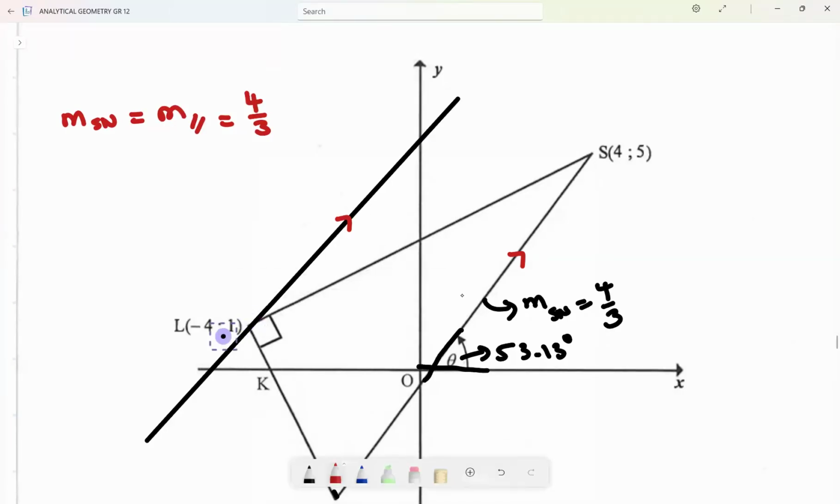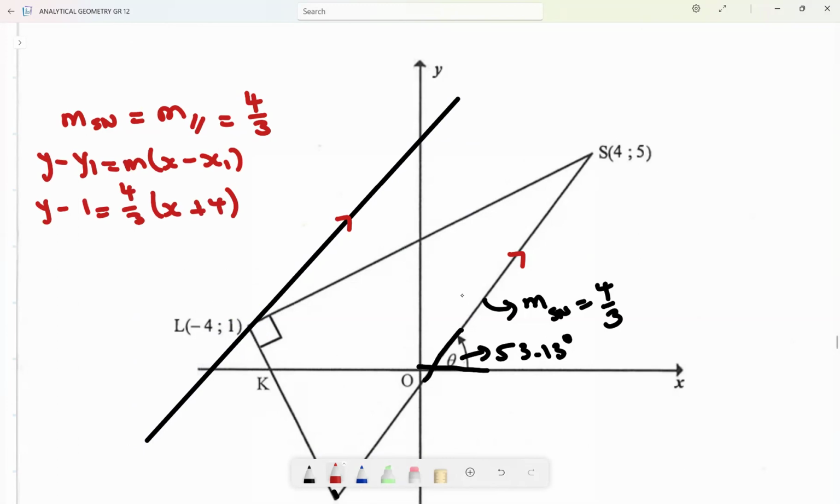So that point, I can say y minus y1 is equal to m into x minus x1. y1 is 1, m is 4 divided by 3, x minus x1 is plus 4 because it is minus 4. And then the equation is going to be 4 divided by 3 x plus 16 divided by 3 plus 1, which is basically 19 over 3. So this is the equation of the line, guys.